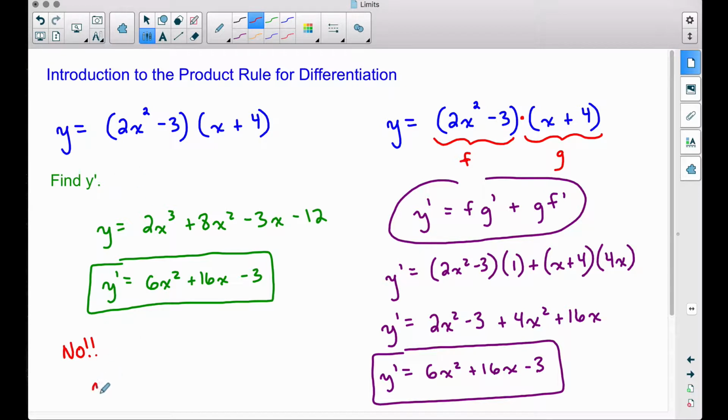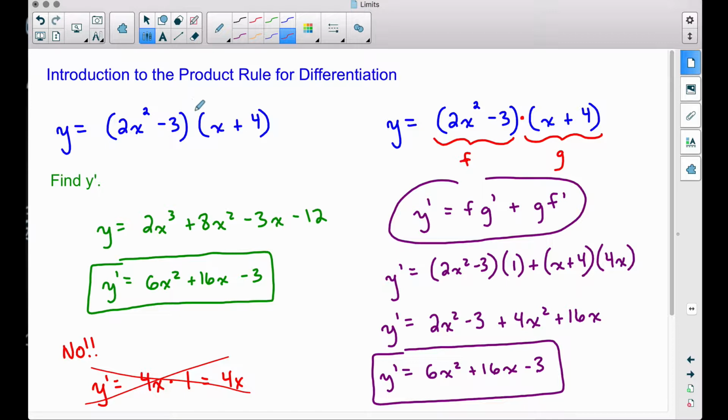If we try to say y prime equals the derivative of this, which is just 4x, multiplied by the derivative of this, which is just 1, we're saying that the derivative is 4x. But as you can see, that's nowhere near the actual derivative of this function up here. So you have to be very careful with that, and I see that mistake often when students are taking a calculus course.